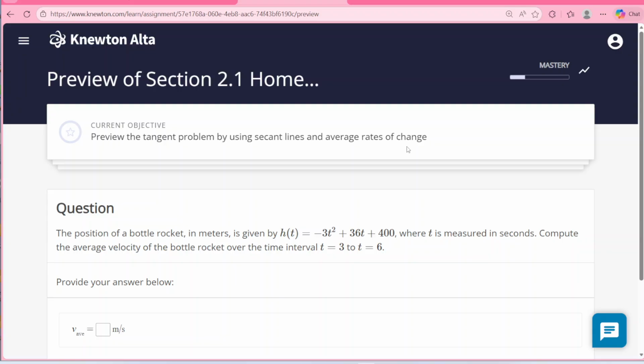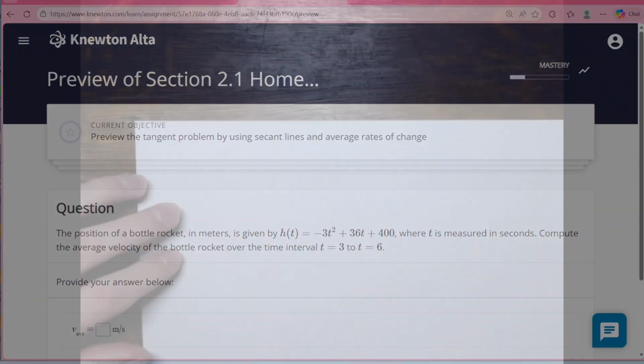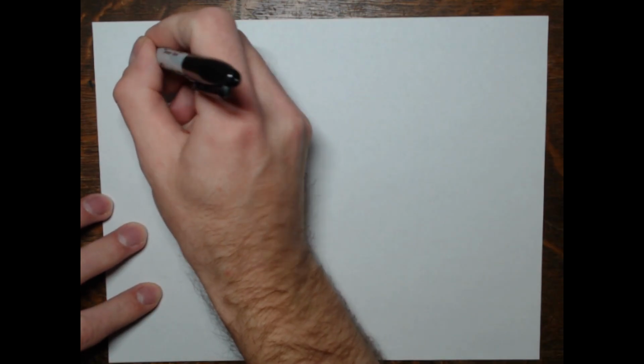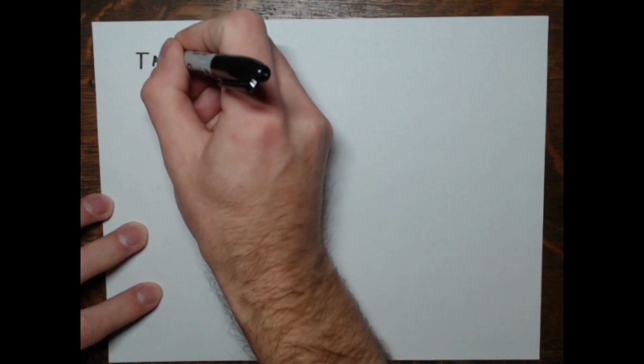All right, so I want to talk about this tangent line problem a little bit first. So now we're on the tangent line problem.